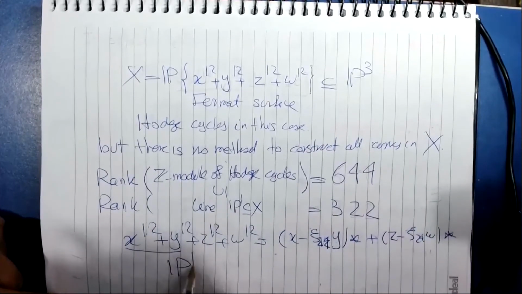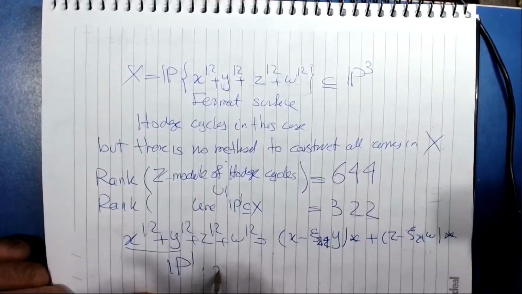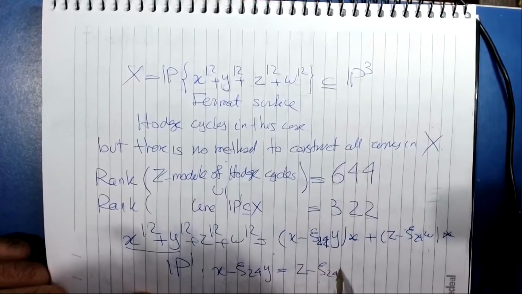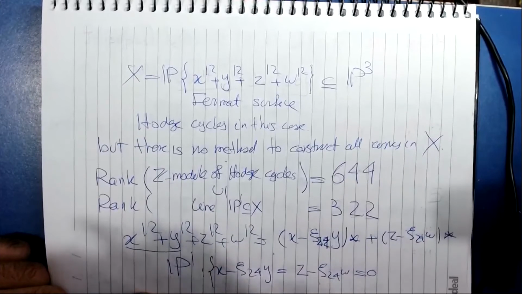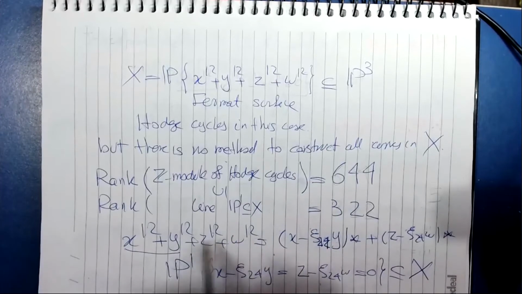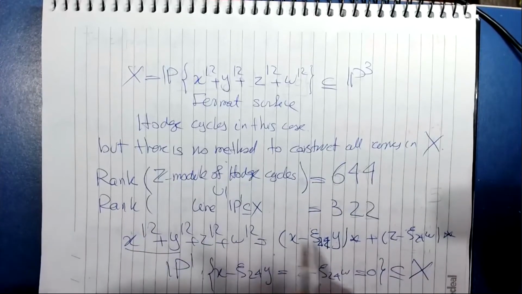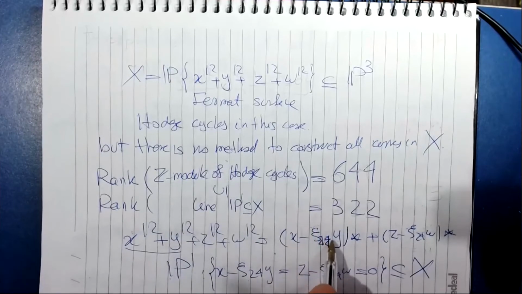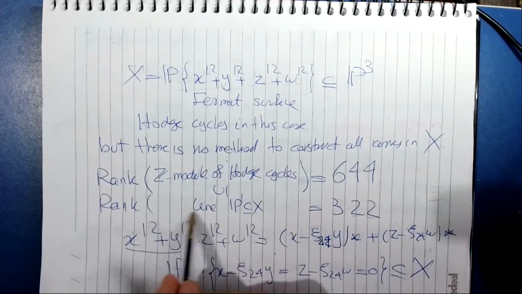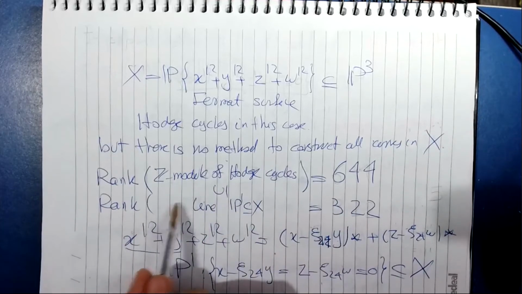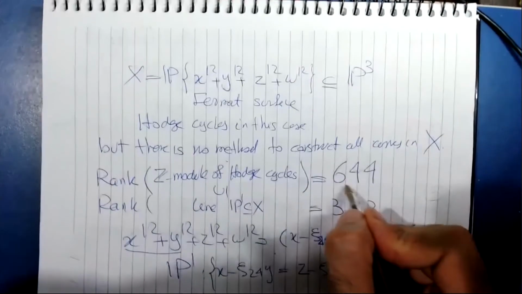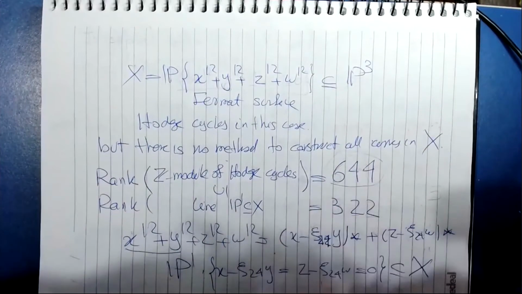And so the line P1 is given by X minus zeta_24 Y equal to Z minus zeta_24 W equal to 0. This line is inside the Fermat surface. And of course, we can do this with permutations of the variables and taking more roots of unity. So at the end, the rank generated by all these lines inside the lattice of Hodge cycles is 322. So this means that we still have to construct more cycles in order to verify the Hodge conjecture for the Fermat surface.